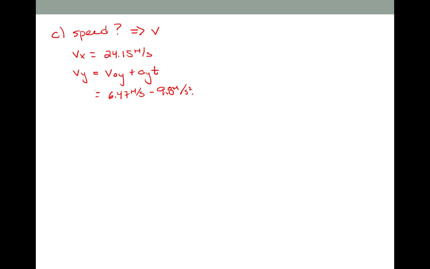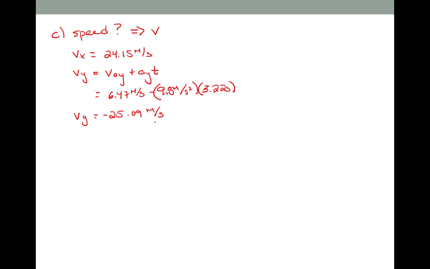And then I have to subtract off 9.8 meters per second squared times the time, which I found to be 3.22 seconds. And when you put all that together, you get Vy equals negative 25.09 meters per second.